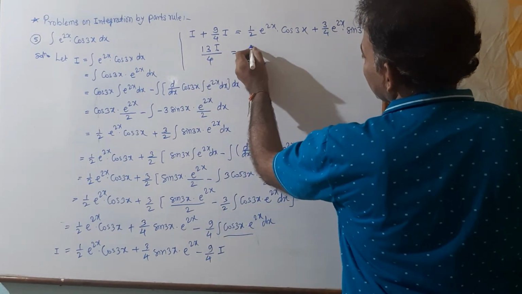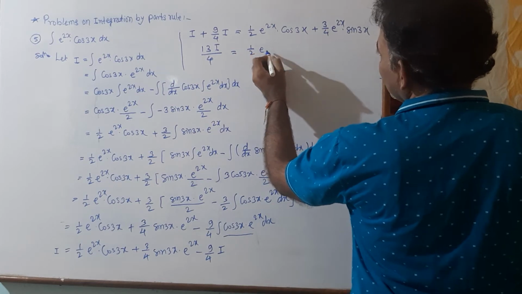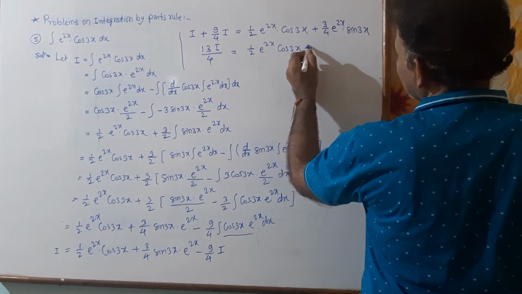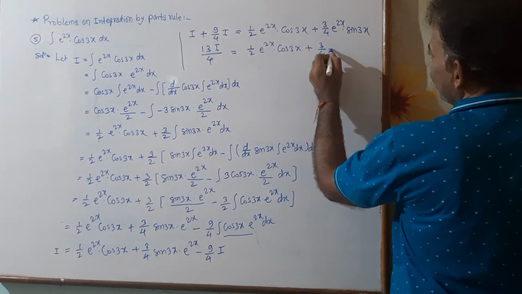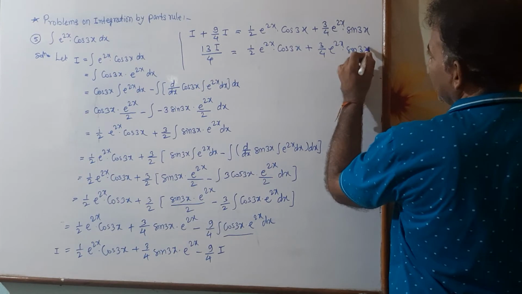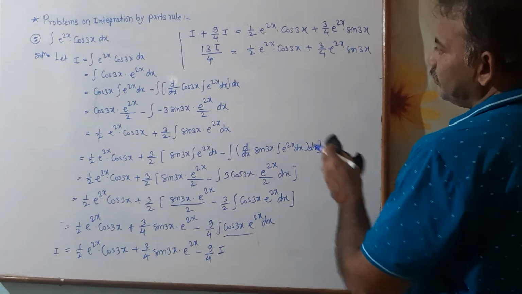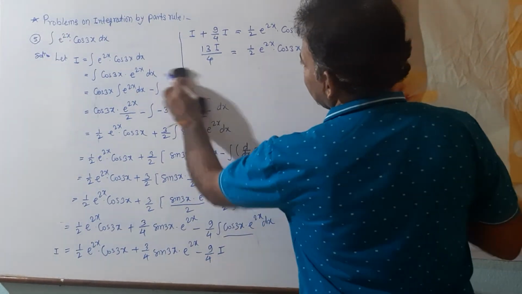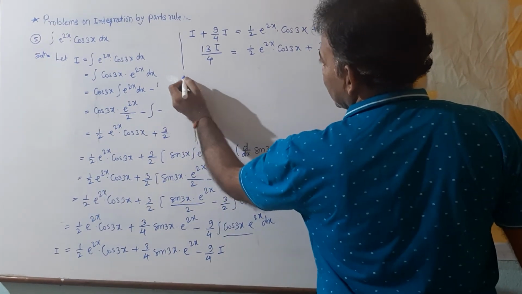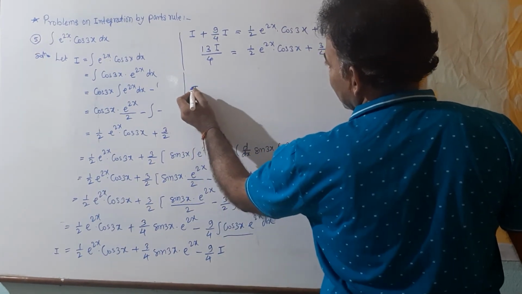It is equal to, right side same, 1 by 2 e to the power 2x into cos 3x plus 3 by 4 e to the power 2x into sin 3x. From this we can find the value of I, meaning the given problem.